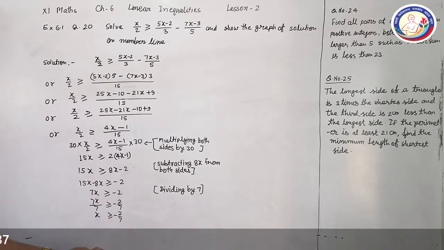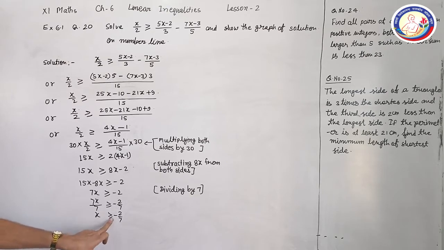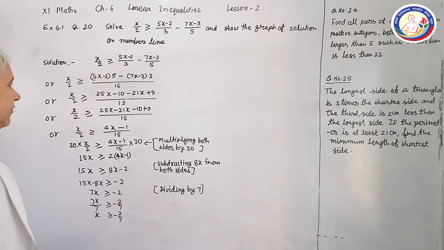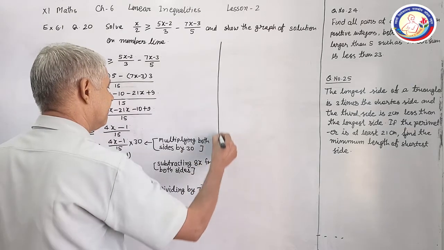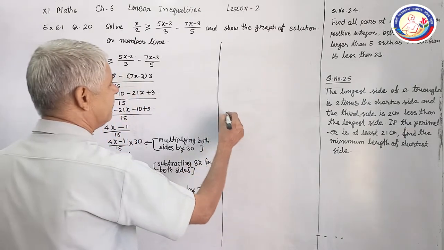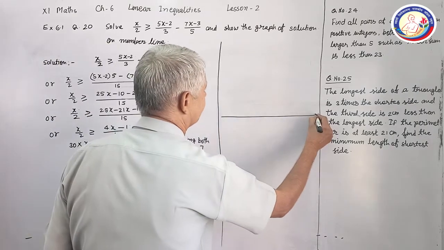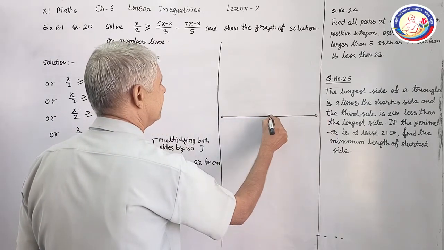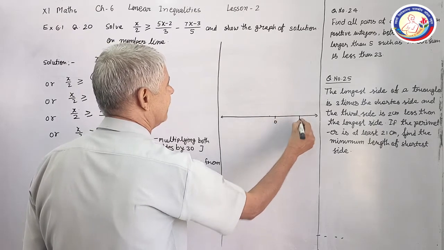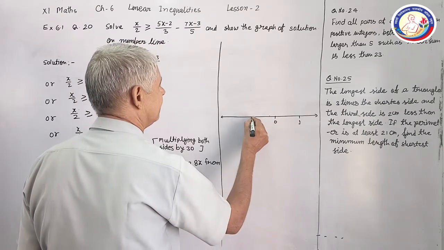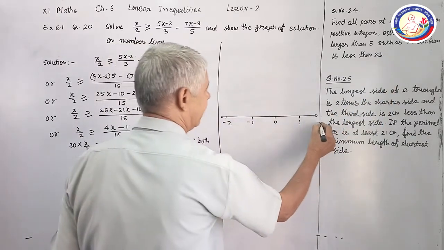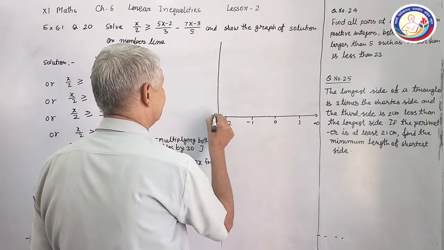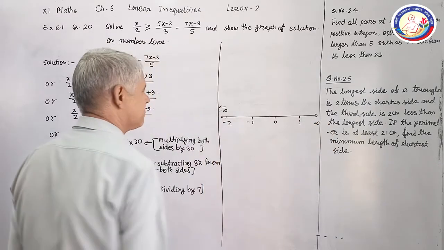So this is the final simplest form. Now we have to show it on the number line. So this is our number line. Here it is 0, this is 1, this is minus 1, minus 2 and beyond, up to plus infinity, and here minus infinity towards this side.